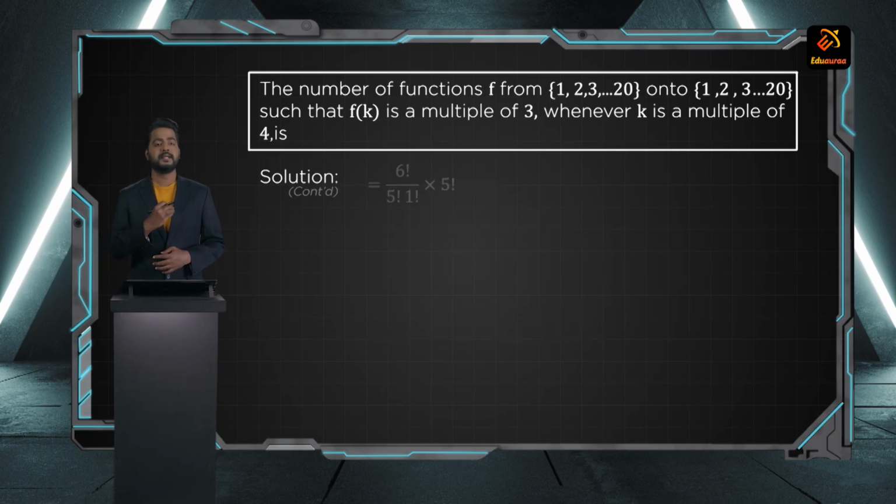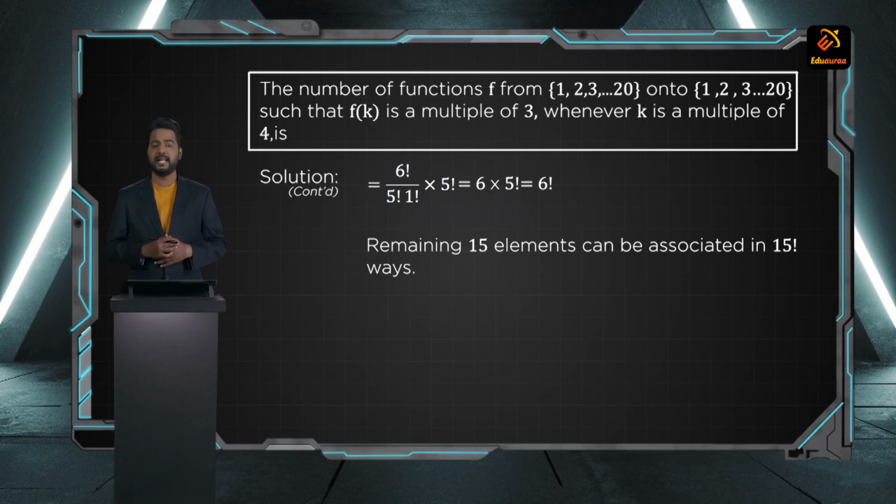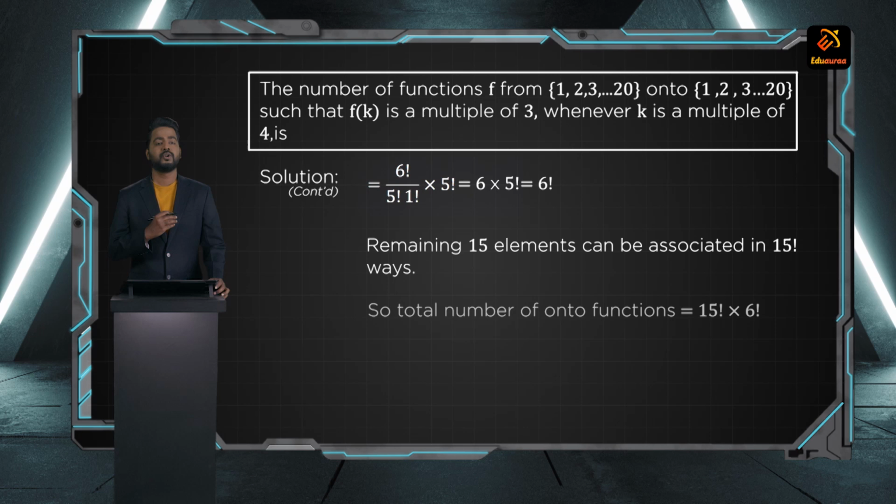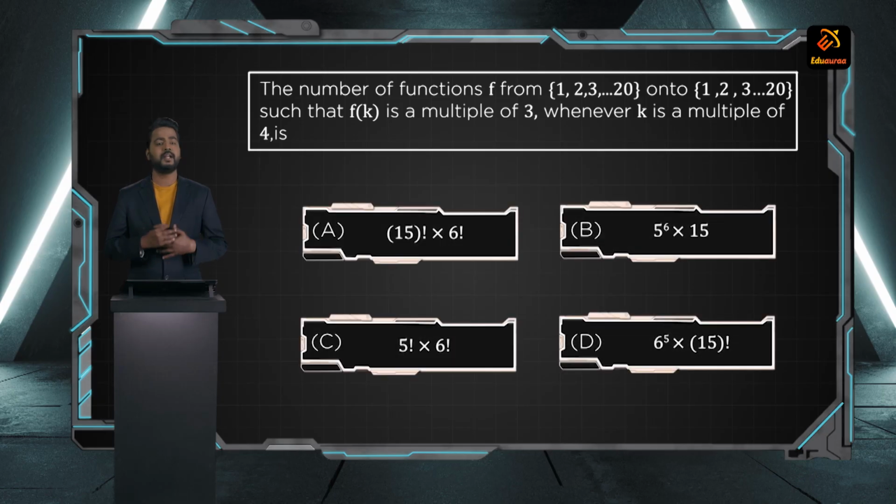So 6P5 is 6 factorial, and the remaining 15 elements can be associated in 15 factorial ways. So the total number of onto functions will be 15 factorial into 6 factorial. So the option which is correct is option A. Understood? Moving further to the next question.